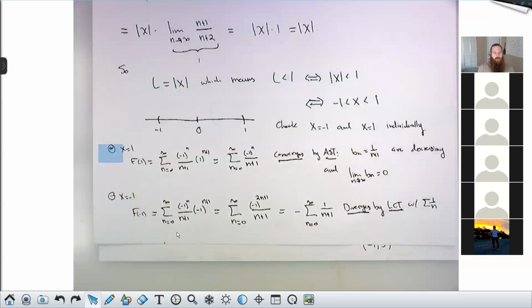But then when you start checking your endpoints, if you tell me correctly whether the series converges or diverges, and you're able to cite the test that would do the job, then I will trust that you actually know whether the series converge or diverge. You weren't just guessing. In practice, you may want to, when you get to this step, run the alternating series test. Or when you get to this step, you might want to actually run the limit comparison test and make sure you know what's going on.